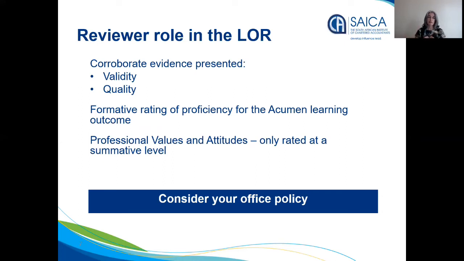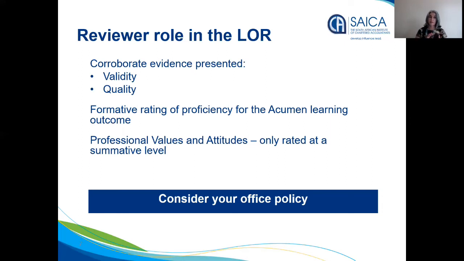That means that the reviewer actually needs to understand from a summative level what is expected in the professional values and attitudes, because those are only assessed at a summative level. So the reviewer will be checking for the professional values and attitudes whether the context is clearly set out and whether the trainee has adequately described how they demonstrated that learning outcome.